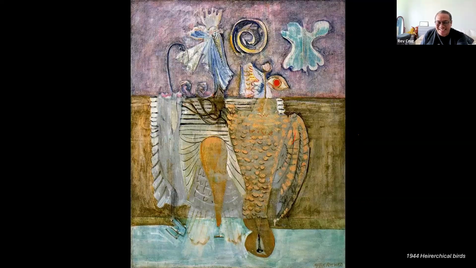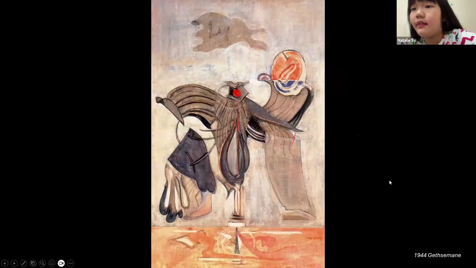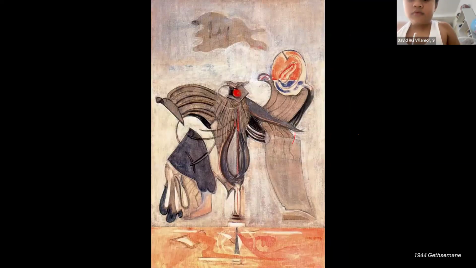Okay, so then this is another painting based on myths and legends. Sometimes he would also paint religious scenes, and this is a scene of Gethsemane.